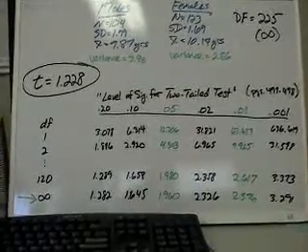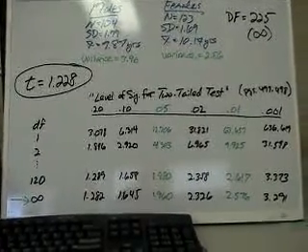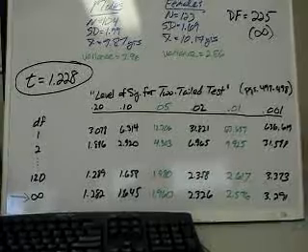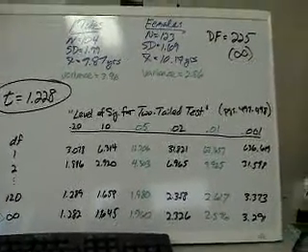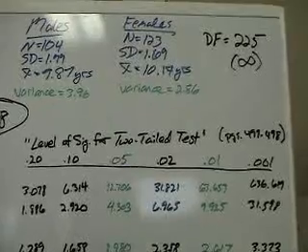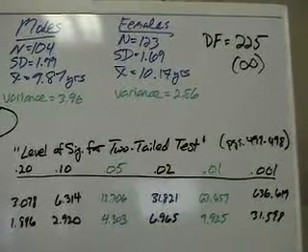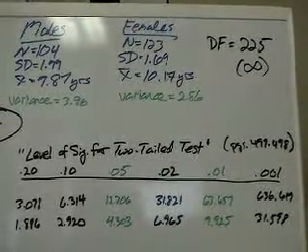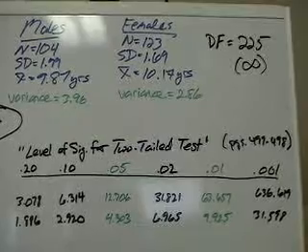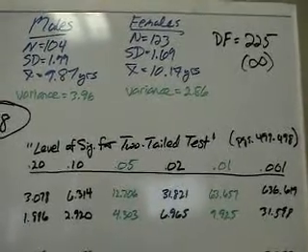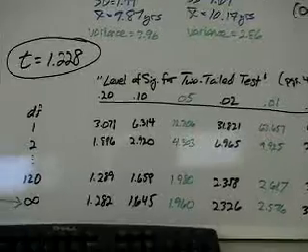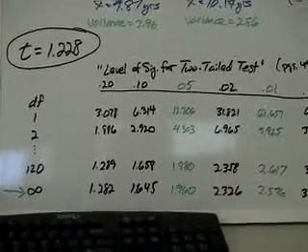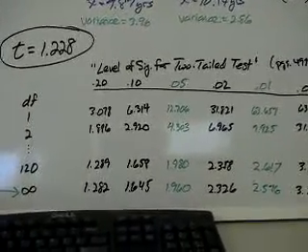Now, I've kind of recreated a portion of this table on the board here. You want to look at, first of all, your degrees of freedom. Remember, our degrees of freedom is 225. N1 plus N2 minus 2, or 225. That means we're going to use the infinity symbol. Because if you look at your distribution of t table, you can see on the left-hand side your degrees of freedom, and it goes over onto page 498.